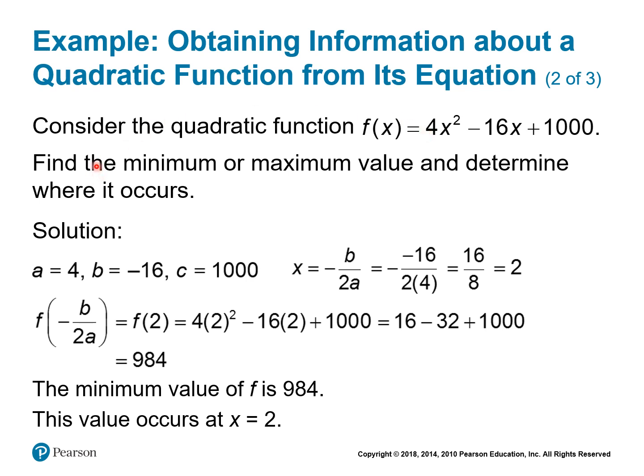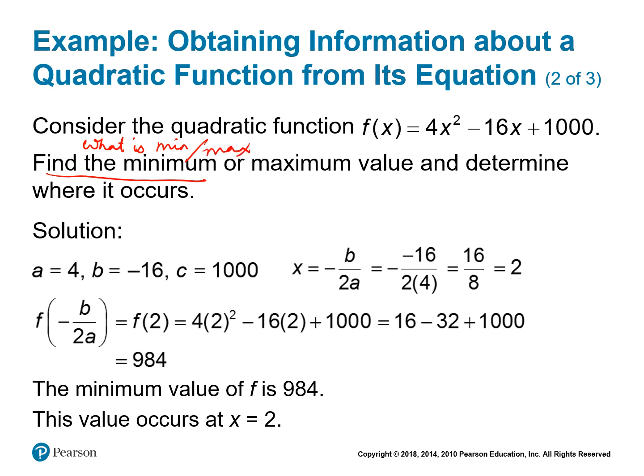So the question here is find the minimum or maximum value and determine where it occurs. So they're asking you two questions, two pieces of information here. When it says find the minimum or maximum, that means they are asking you what is the minimum or maximum, as the case may be.